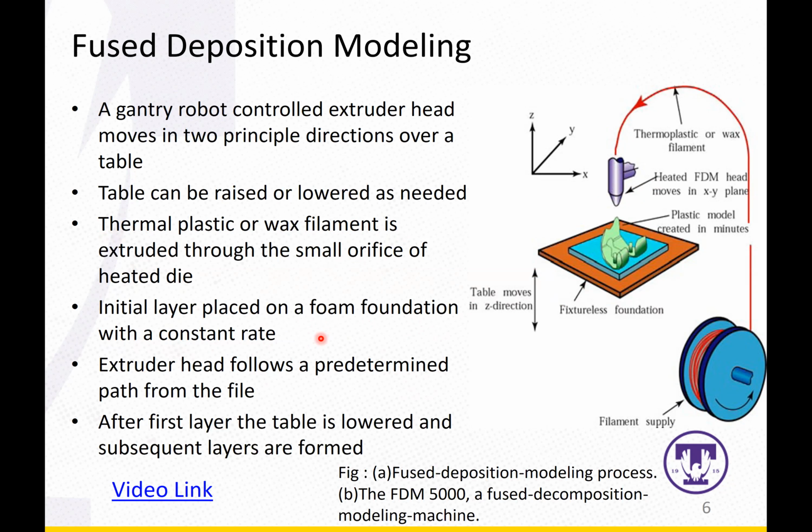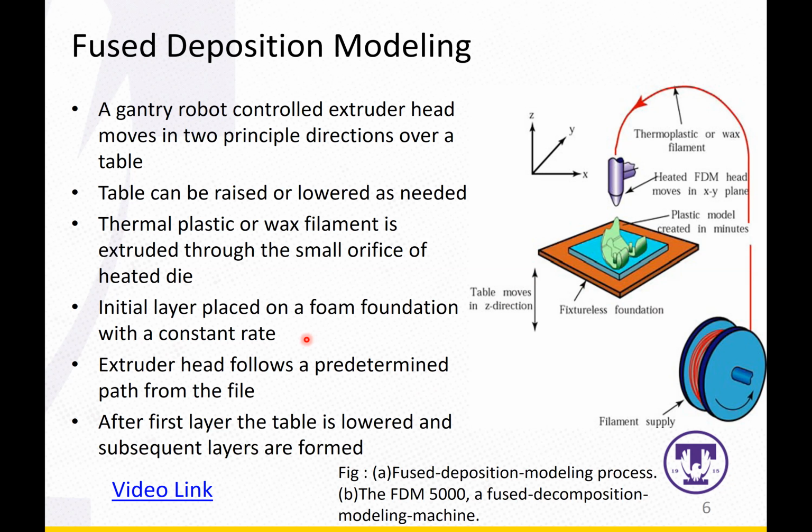The first few layers are quite essential for the success of the whole printing process. And usually it's in a solid pattern. There's no infill pattern, because you really want to bond the printed part to the substrate tightly. So usually the first maybe 2-3 layers will be solid layers.